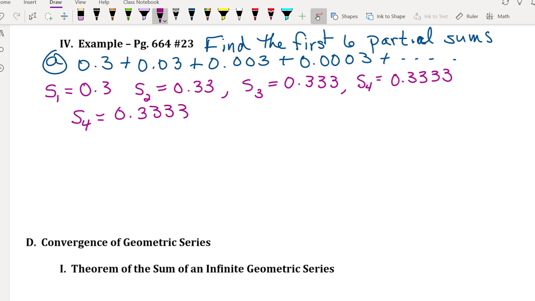Oh, this is S5, sorry. I feel like I already wrote this one. And then S6 will just be 6 threes.